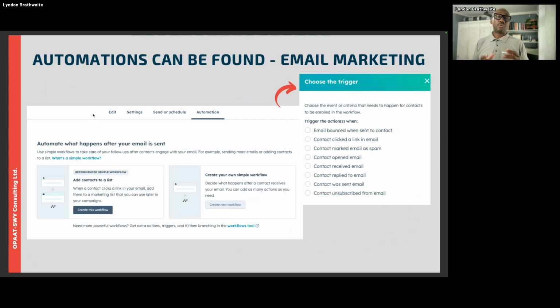So you notice that it's a lot more than what we had in forms, right? Because based upon the activity, the scenario of what would have happened when this marketing email went out, you can take a number of different actions.